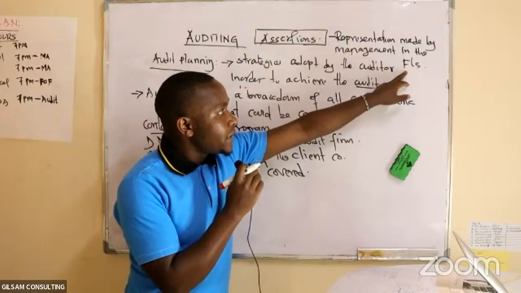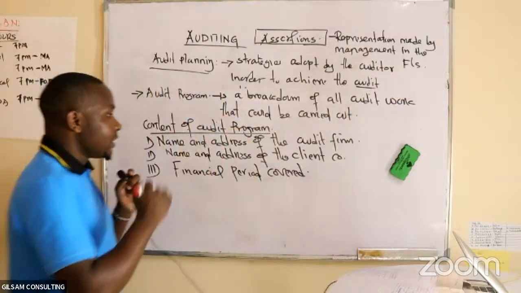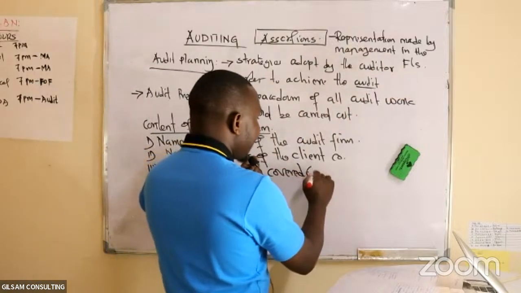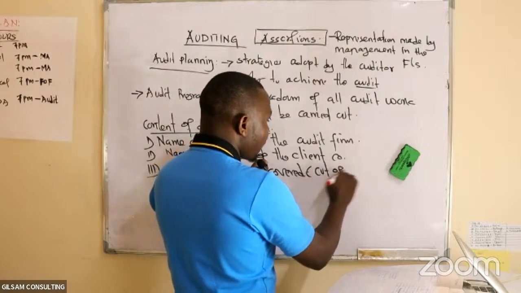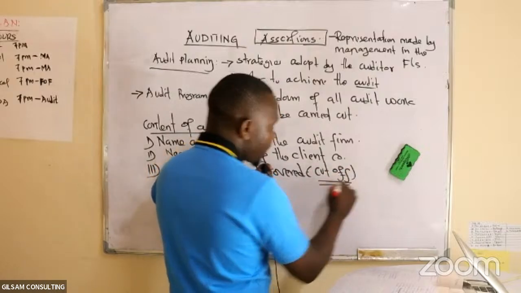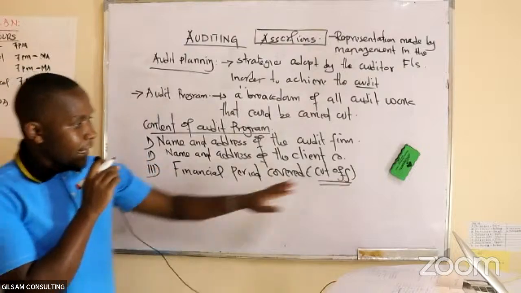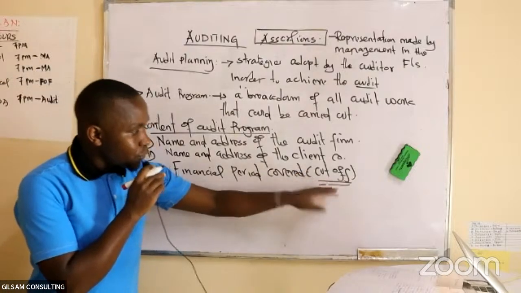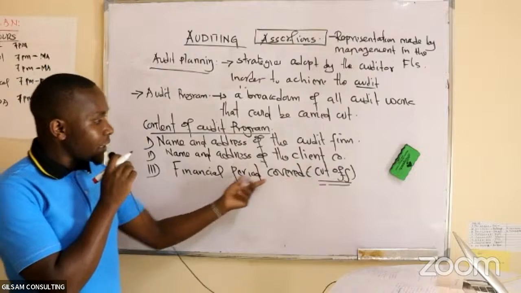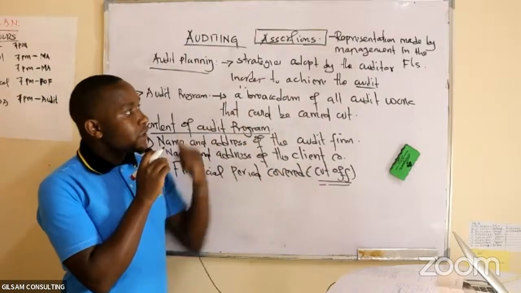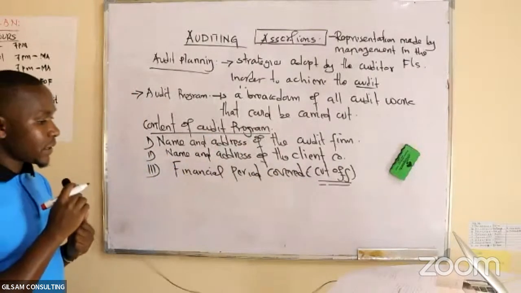The assertion we call the cutoff. So we use the cutoff to ascertain the financial period covered by the financial statement.